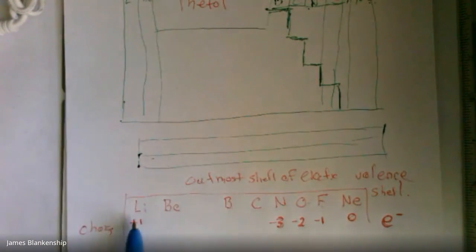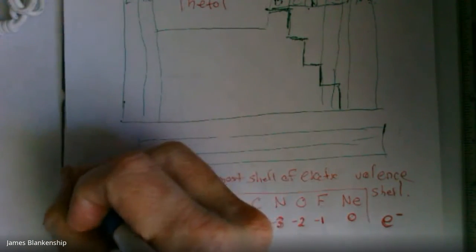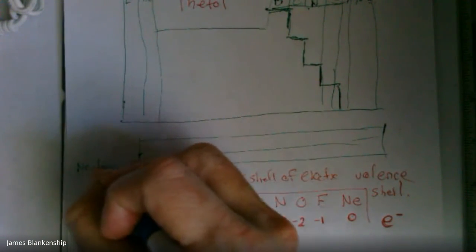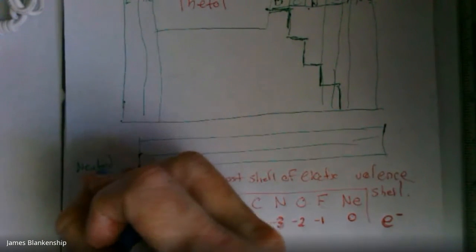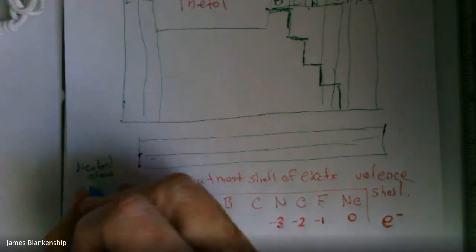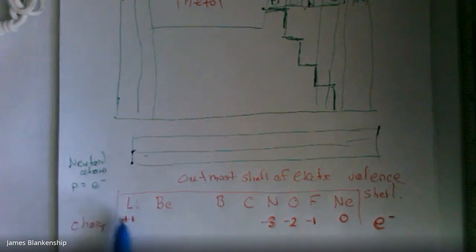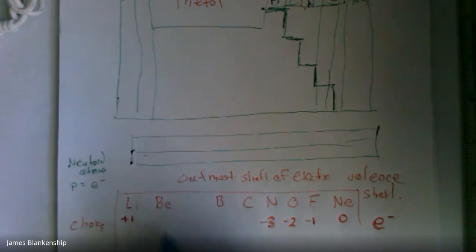And if it drops an electron, remember that in neutral atoms, we may have talked about this last time, our protons equal our electrons. So lithium drops 1 electron and becomes +1.